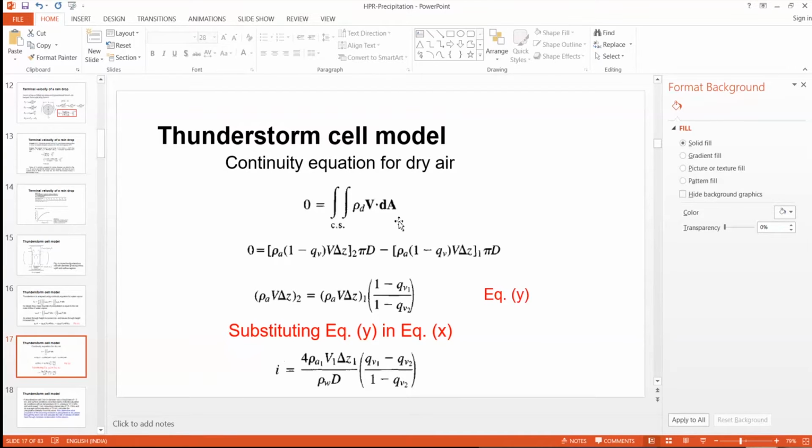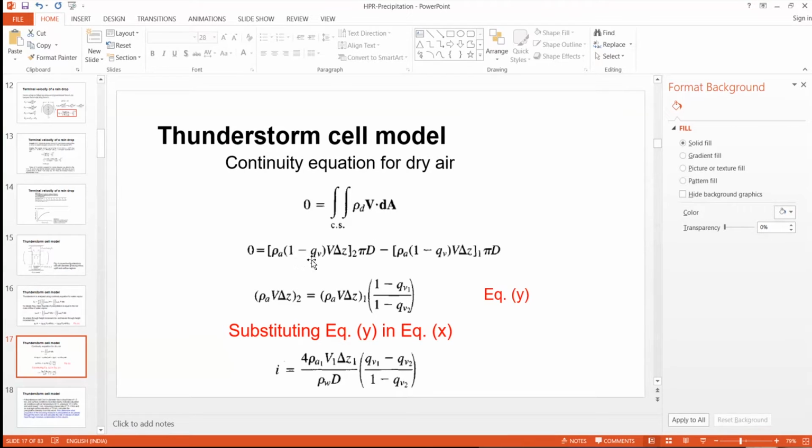So now we'll apply the continuity equation for dry air. Whatever dry air is coming in is going out. The dry air density ρd is nothing but ρa minus ρv, and ρv is equal to ρa into qv.